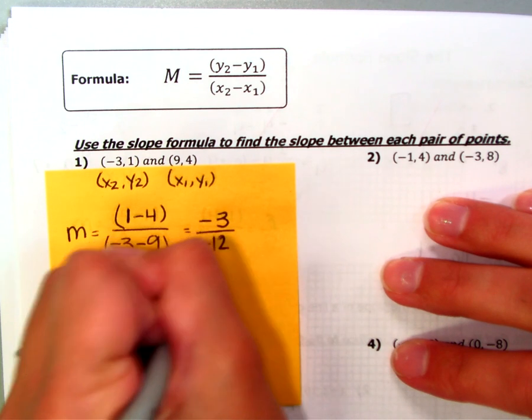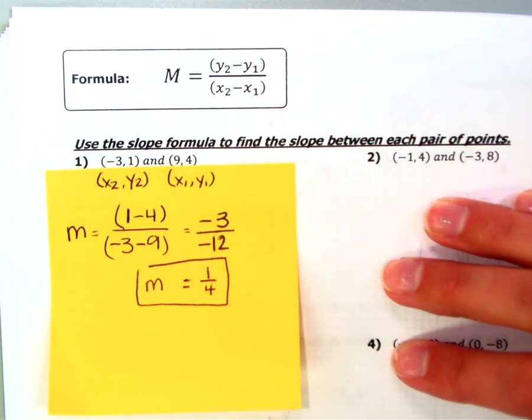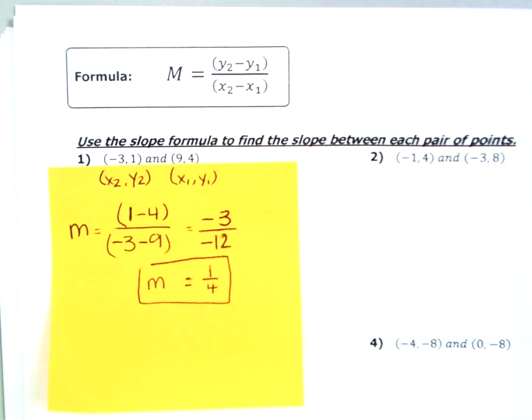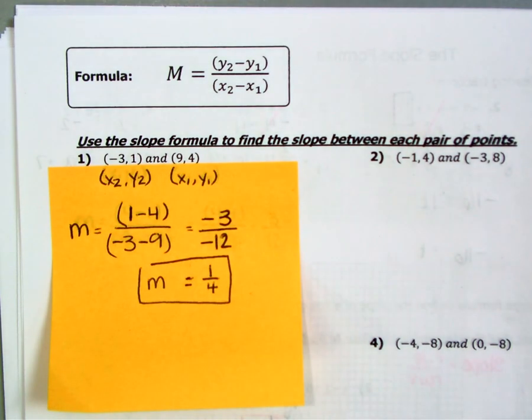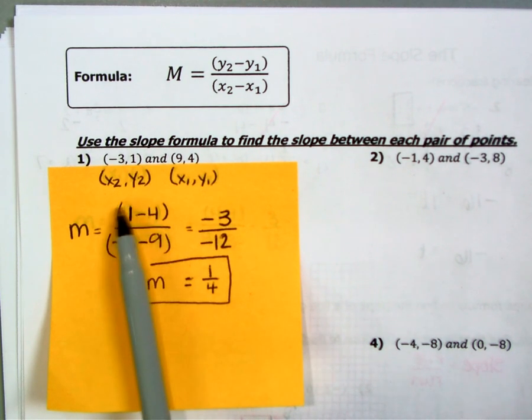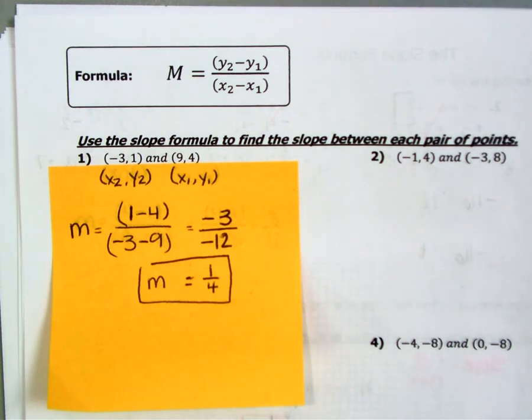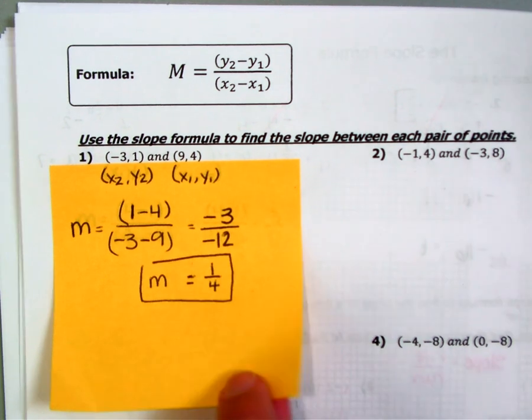What does that reduce to? Positive 1/4. Was it the same? Yes. So does order really matter? No. What matters is that whatever coordinate pair you put first, you keep it first on the top and the bottom. Y is on top, x is on bottom. All right, so order doesn't really matter.